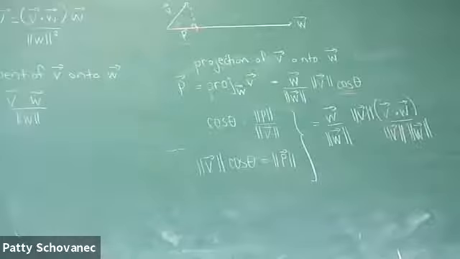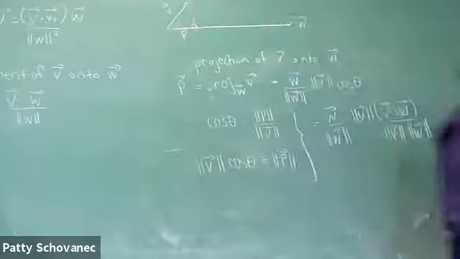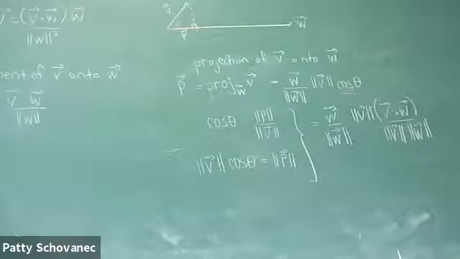So for instance, if I have vector V to be 2, 3, and vector W, let's just use my vector over here, 5, 8. See if I can see that. I can't, of course.